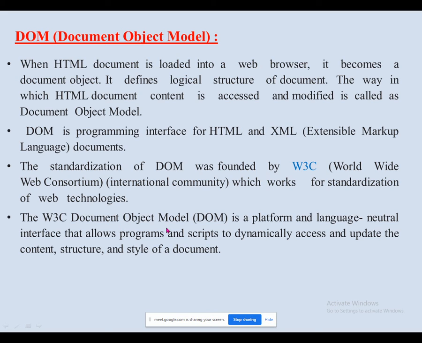DOM, that is Document Object Model, is a platform developed by W3C which is language neutral. Whatever language you are using, either HTML, XML, PHP, JavaScript or VBScript, whatever language you are using while creating your web page, your DOM supports that language.